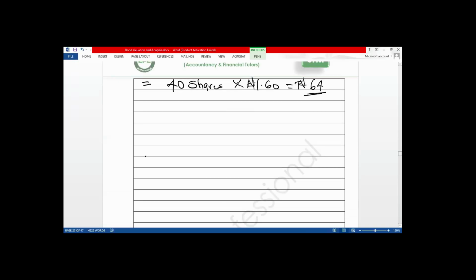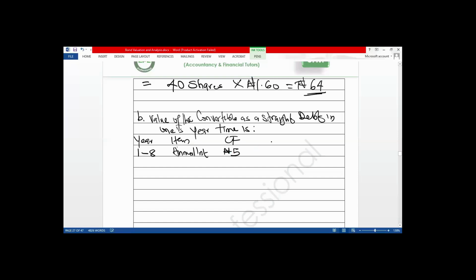If I come here, B, the first thing, value of the convertible as a straight debt in 1 year's time is, just come here, your year, 1 to 8 years, then your item, annual interest, the cash flow, this will be 5 naira, it won't change. Your discount factor at 11%.